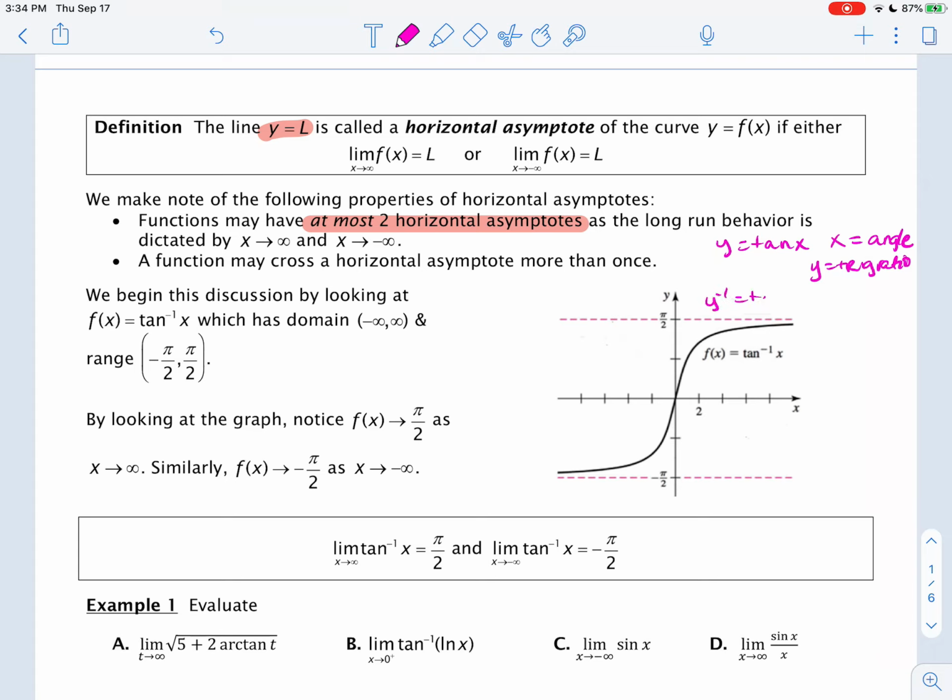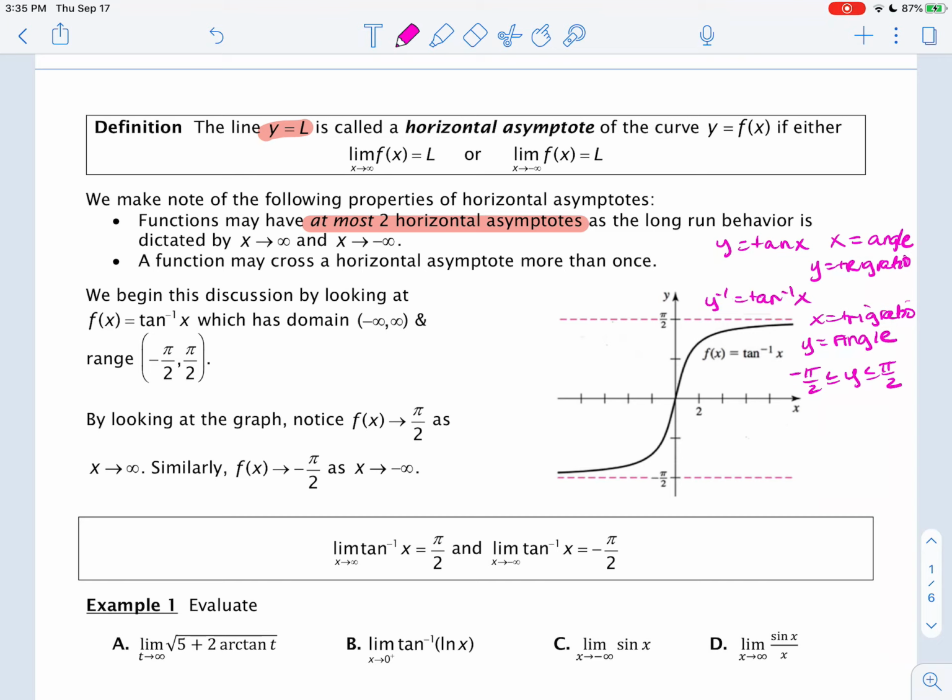And your inverse function, inverse tangent, is going to input the trig ratio and output an angle. And that angle, because we need to restrict our tangent function to be 1-to-1, is going to be between minus pi over 2 and pi over 2.